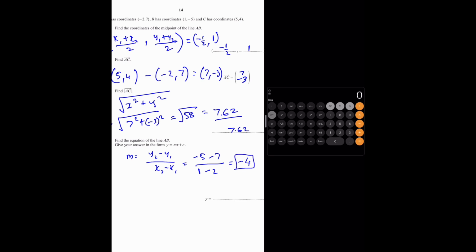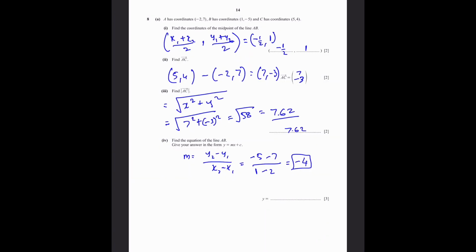Now, as for y equals mx plus c, we can substitute y equals minus 5, m equals minus 4, and x equals 1, and plus c, which we don't know. I'm using the coordinates of B since it's easier, but you can use the coordinates of A as well. It's fine. So c is going to be equal to minus 5 plus 4, which is equal to minus 1. So y is equal to minus 4x minus 1, and that'll be our answer.